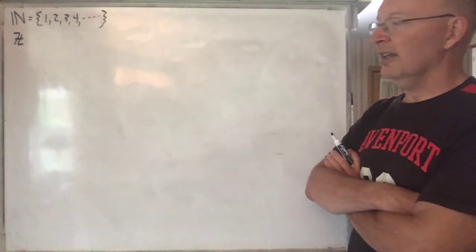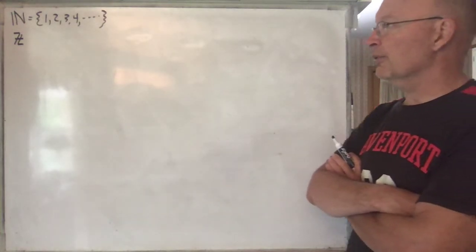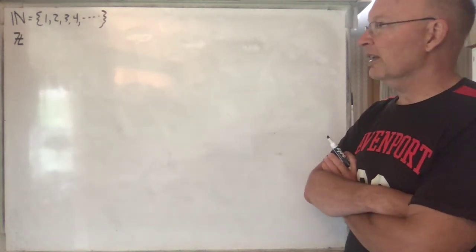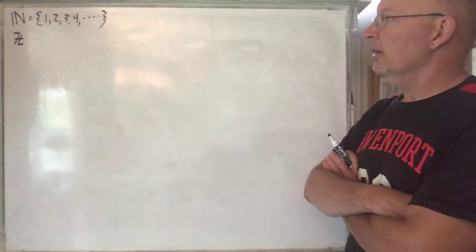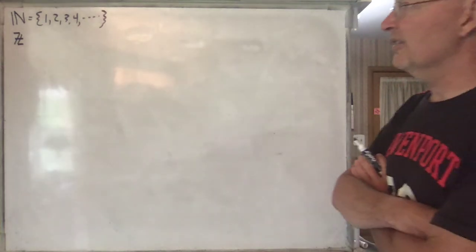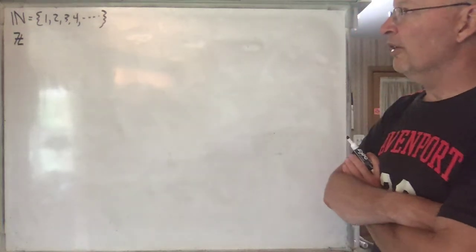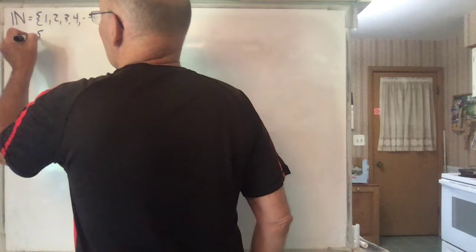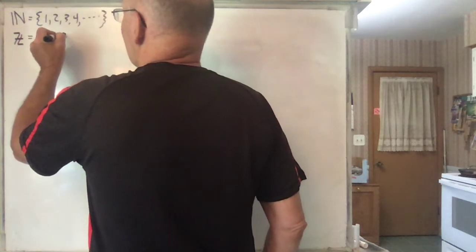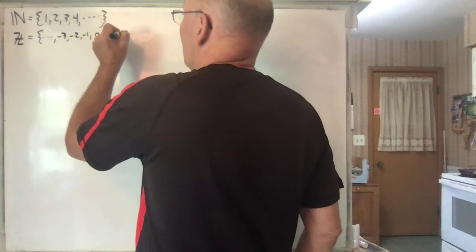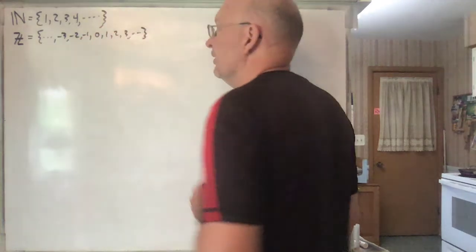Then you might keep mental track, or he would keep mental track, that he owes you 1 goat. In other words, he has 1 cow, but he has a negative goat. So as soon as you get into more complicated situations than just counting, you end up with negative numbers. So those are the integers, okay? So -3, -2, -1, 0, 1, 2, 3, and so on. Those are the integers.